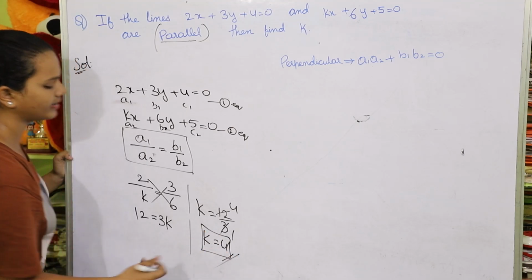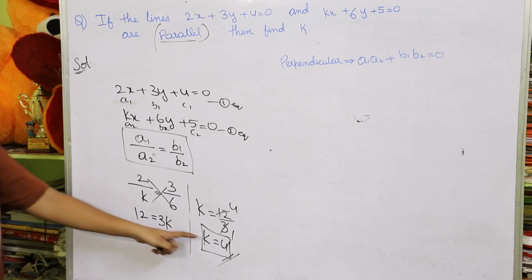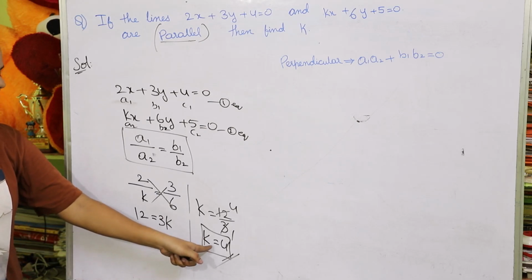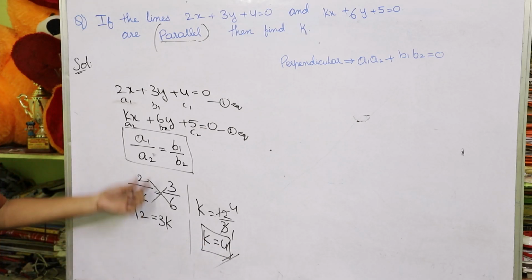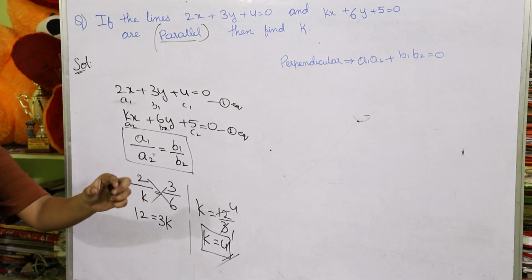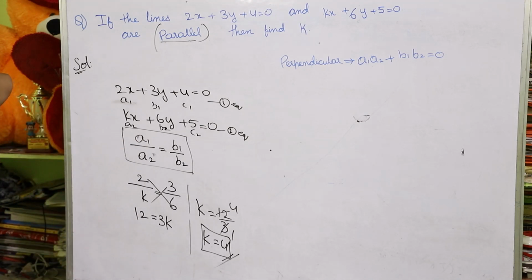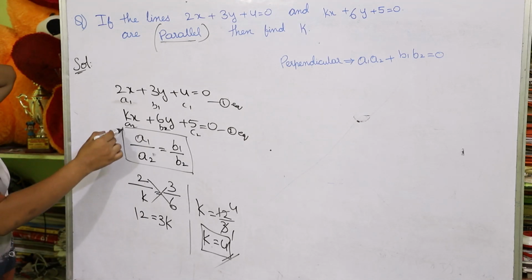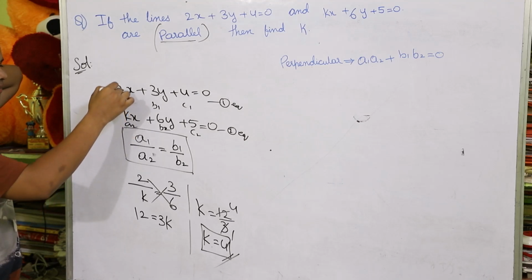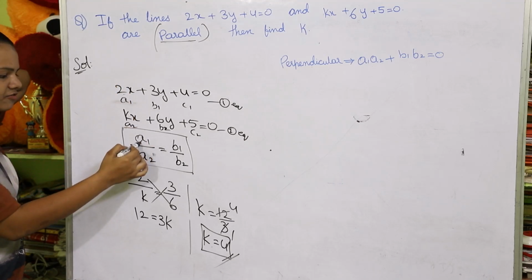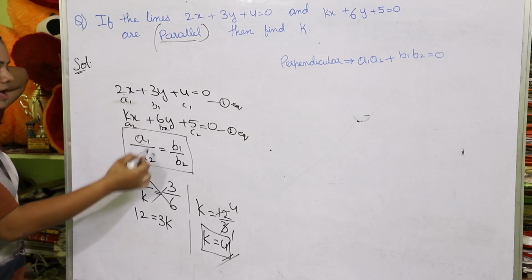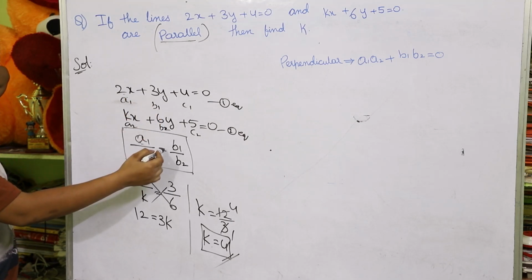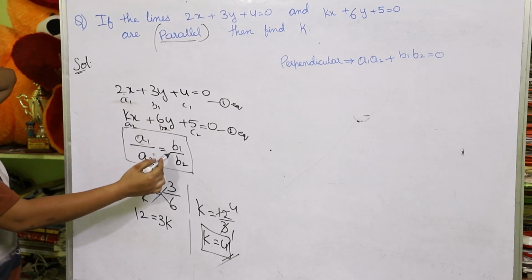Clear? So here the value we got is k equals 4. What have we done? We just substituted the values in the given formula: a1 is equal to 2, a2 is equal to k, b1 is equal to 3, b2 is equal to 6.